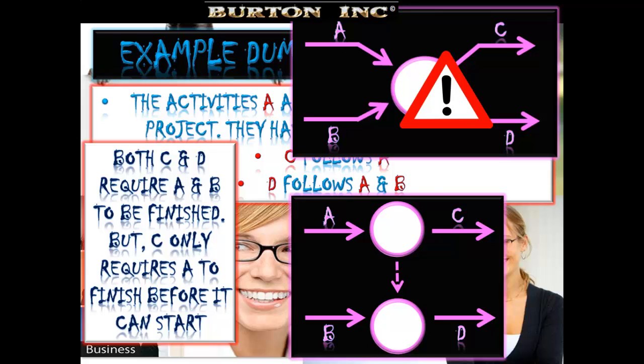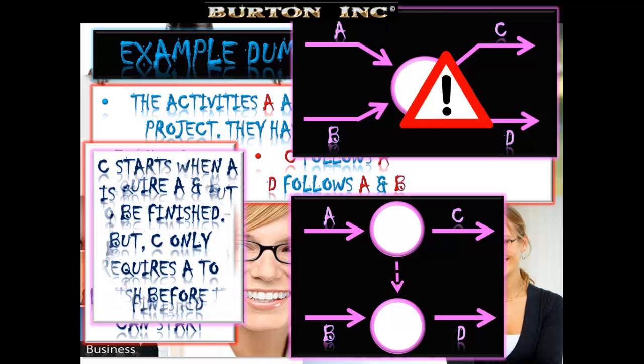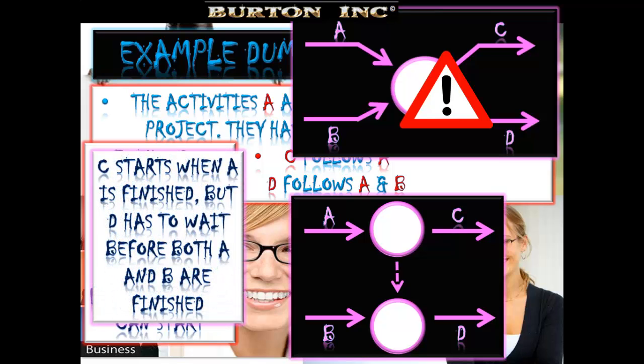We can see that there's an arrow that goes from task A to the dotted node, indicating a dummy activity before D can start. So A and B are completed before D can get underway, but C only requires A to be finished before it can go. And that's exactly why we need dummy activities to come into the network analysis. So C starts when A is finished, but D has to wait until both A and B are finished.